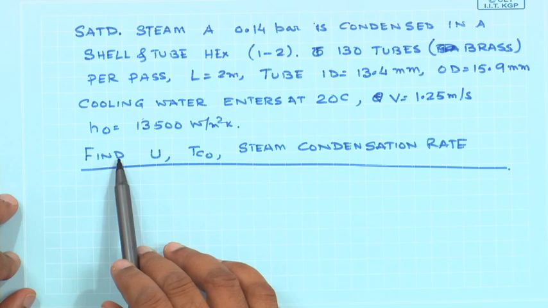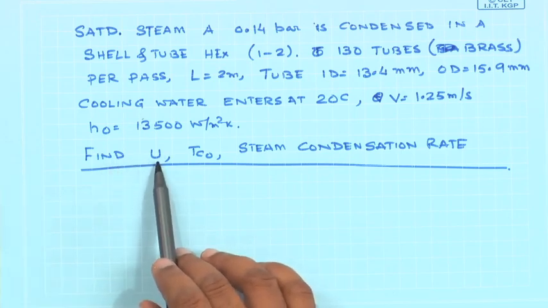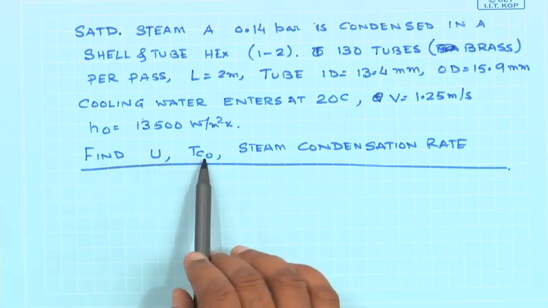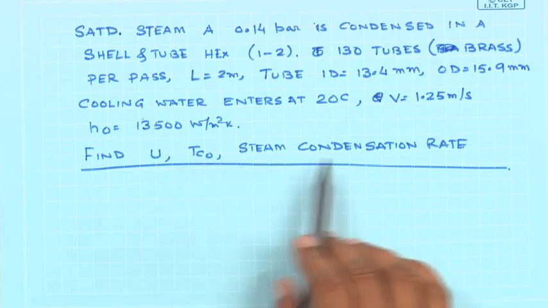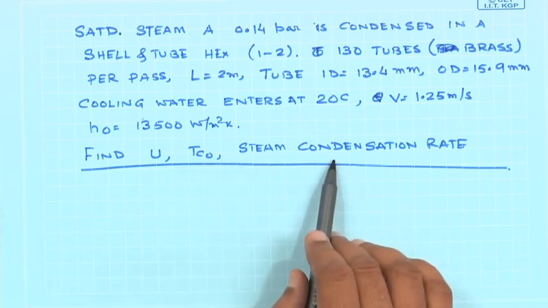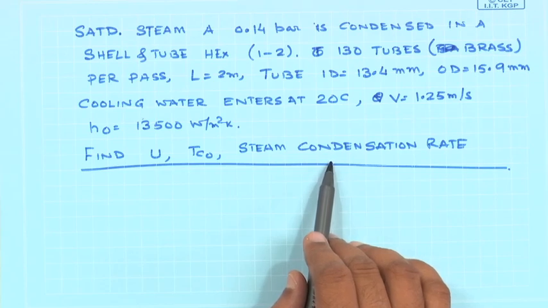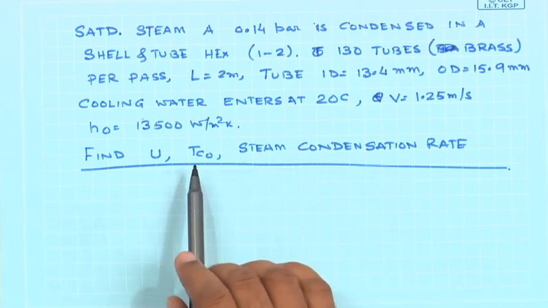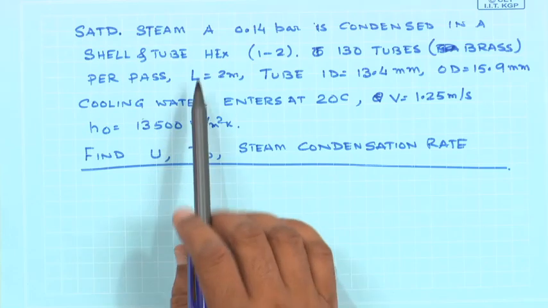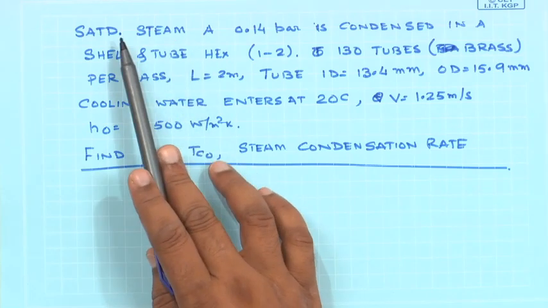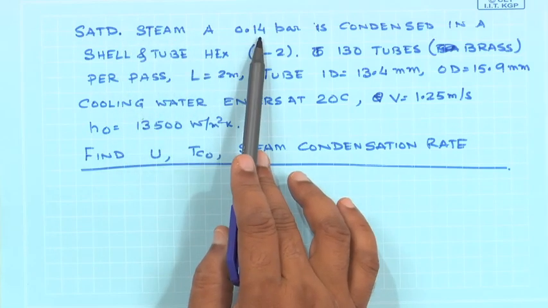What we have to find out is the overall heat transfer coefficient, the temperature of the cooling water at the outlet, and the rate at which steam gets condensed in this heat exchanger. Needless to say, we know the temperature of the steam since it is saturated and the pressure is provided.